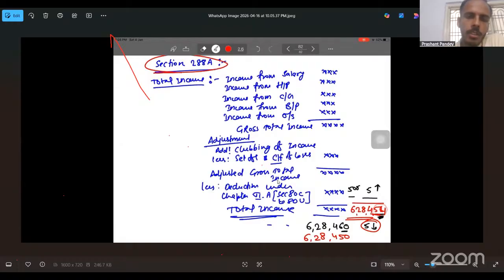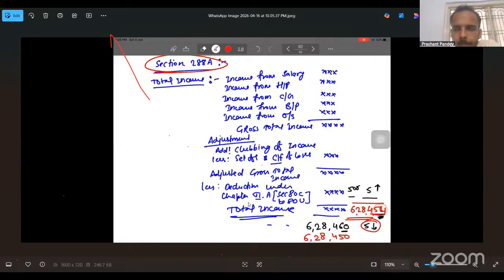Now these deductions have also been covered in my last class, from section 80C to 80U. Suppose SSC has taken any insurance policy or is contributing to the Sukanya Samriddhi Yojana or Agniveer. Many deductions are available, and these deductions are availed by the SSC. SSC generally will avail all these deductions.